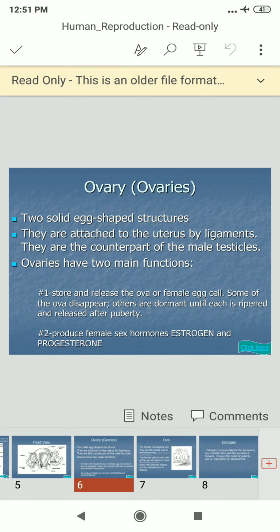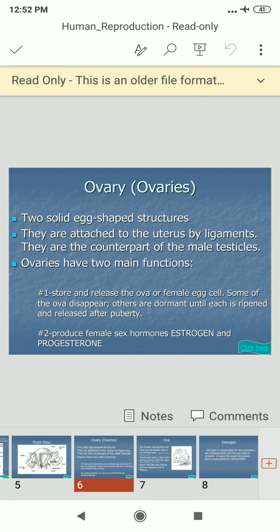Now the ovaries, how do they look? The structure of the ovary: it is a two-sided, egg-shaped structure, attached to the uterus by ligaments. They are the counterpart of the male testicles. Ovaries have two main functions.